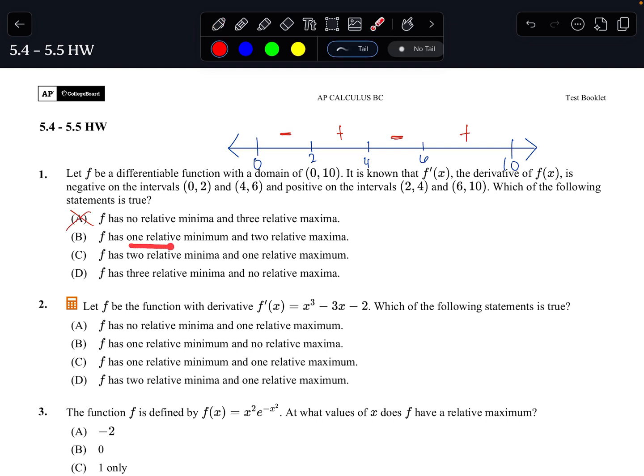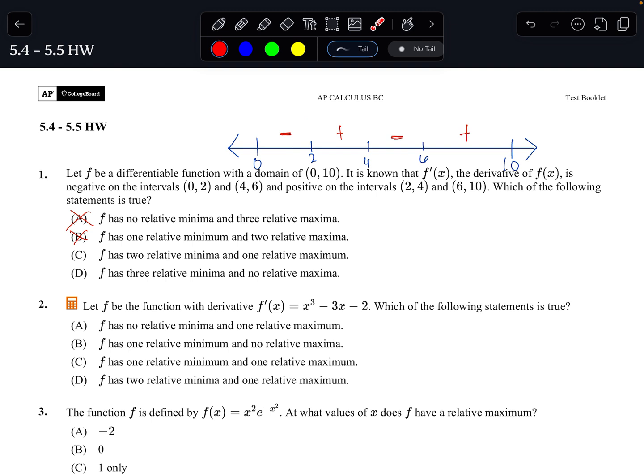F has 1 relative minimum and 2 relative maxima. Again, it has 2 relative minima, so it's not going to be B. F has 2 relative minima. I think that's true. We're going to have a minimum at 2 and 6, and 1 relative maximum.